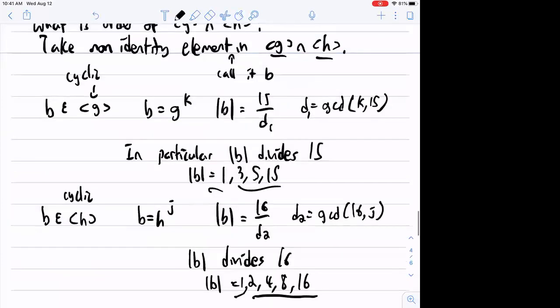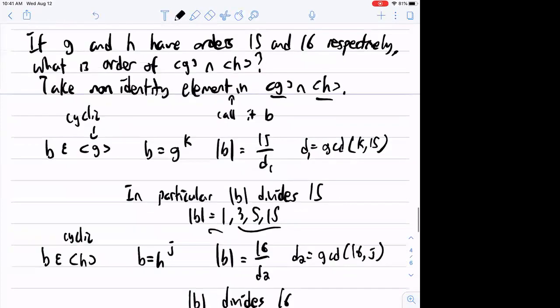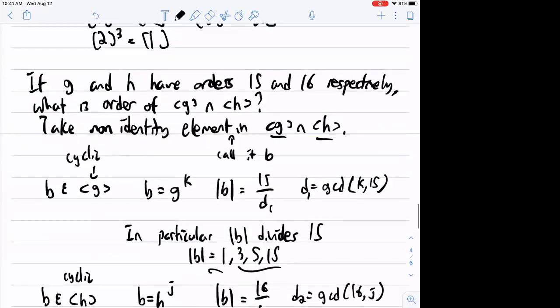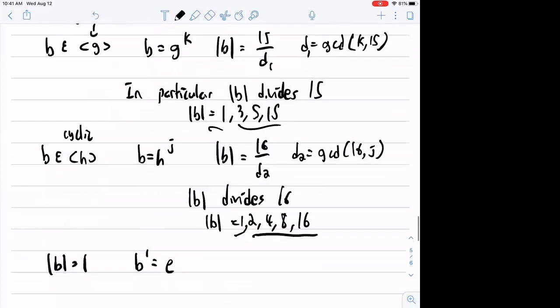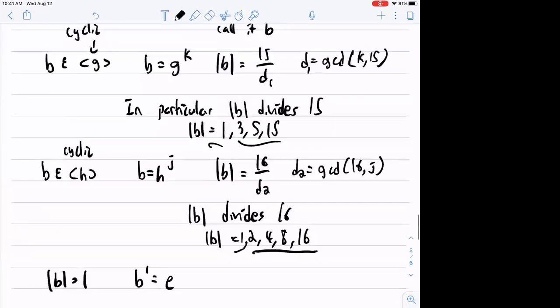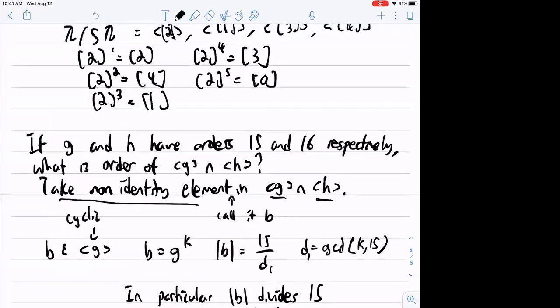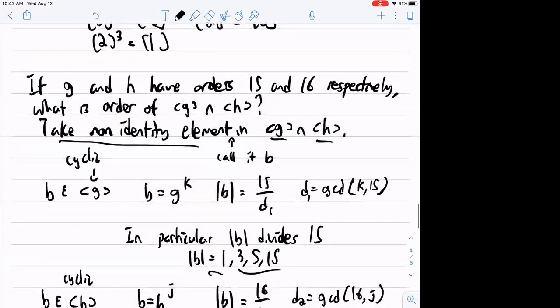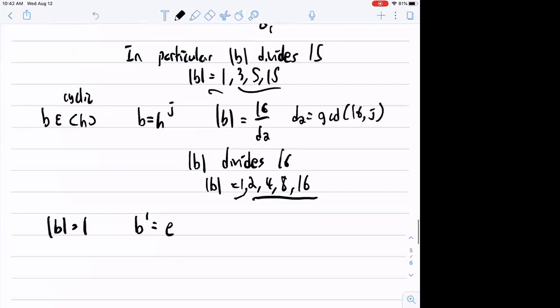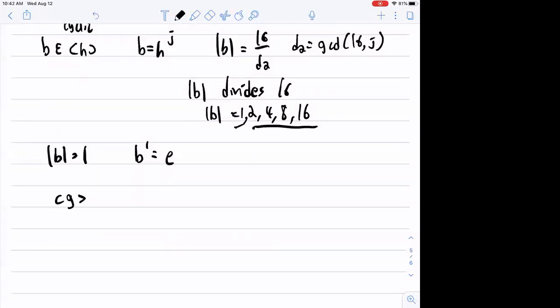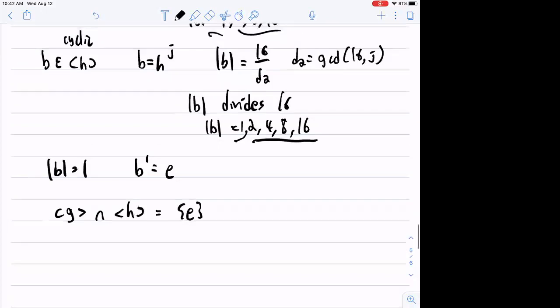Since B was an arbitrary non-identity element, I get a contradiction. If I take any element, the order must be 1. So this is just the identity group. Let's summarize.